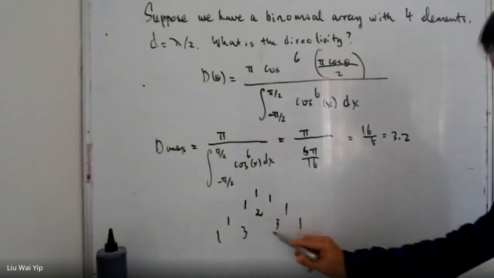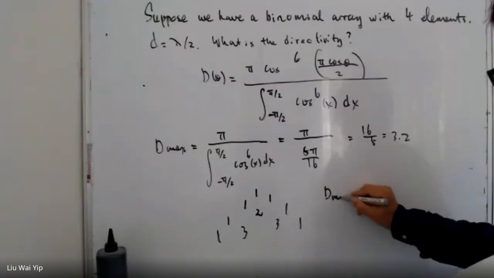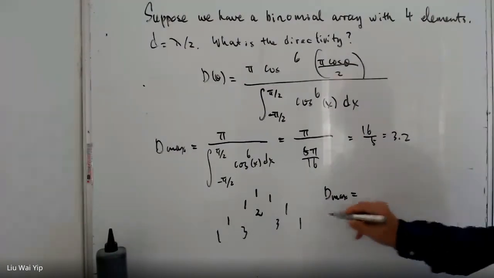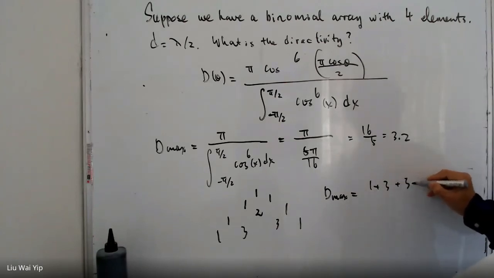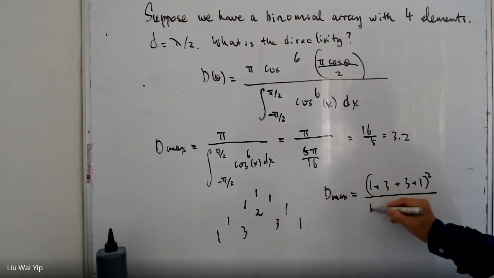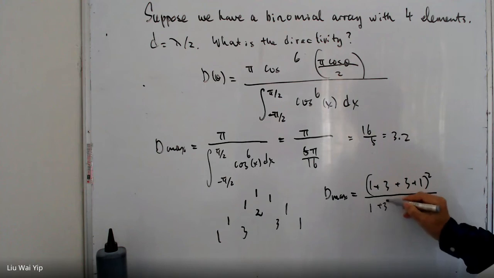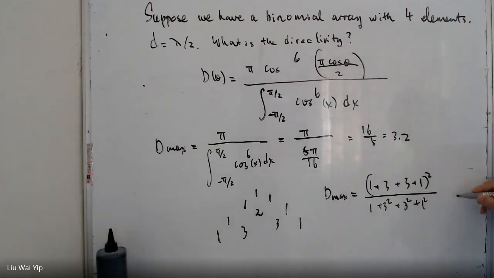Based on the coefficient here, we know the maximum directivity is going to be (1 plus b plus 1 square) over (1 plus b square plus b square plus 1 square), and the answer here is exactly 3.2.